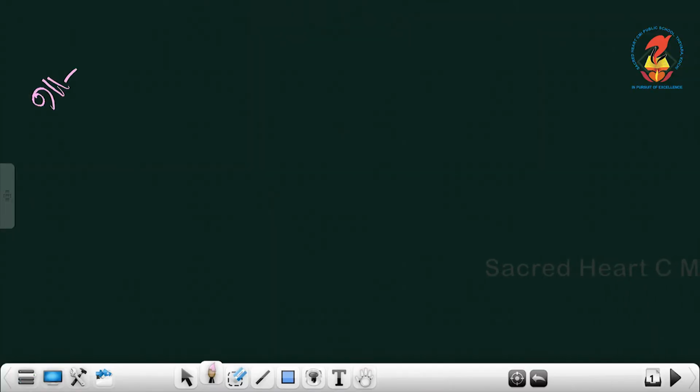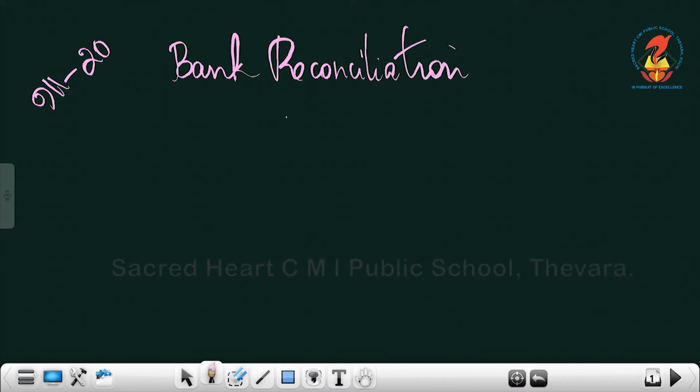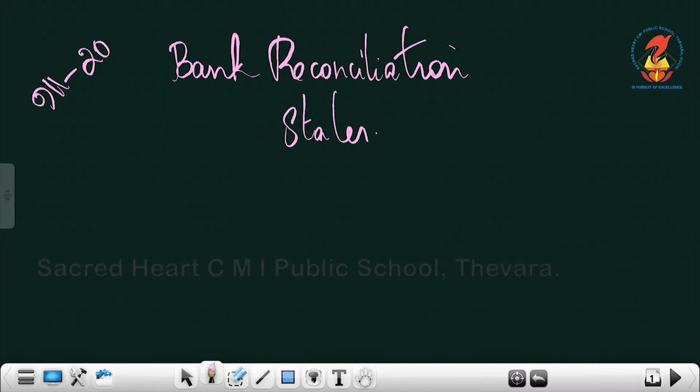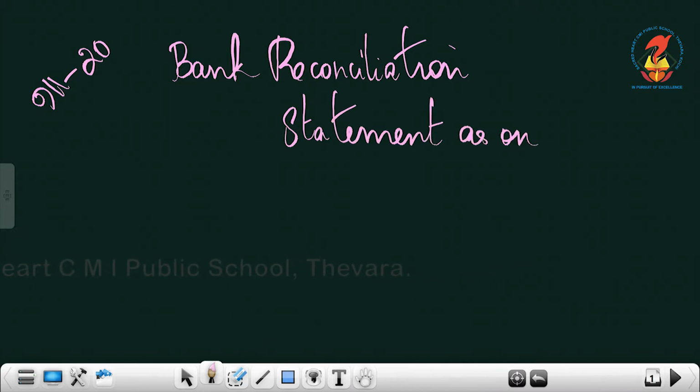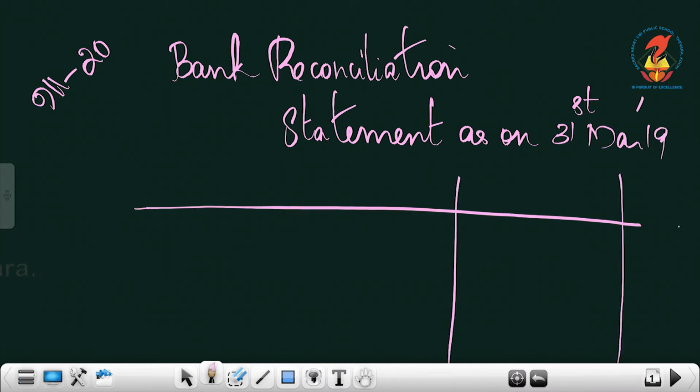Illustration number 20. Write column headings.